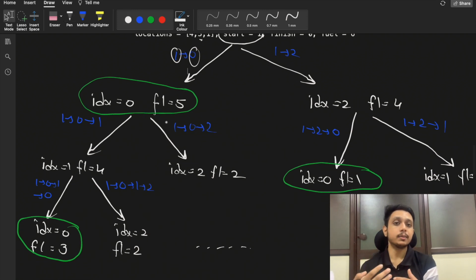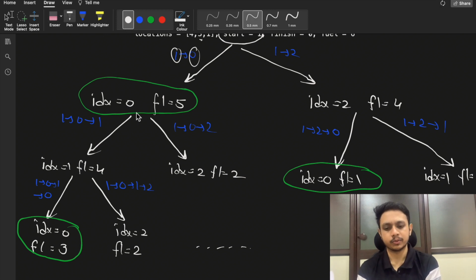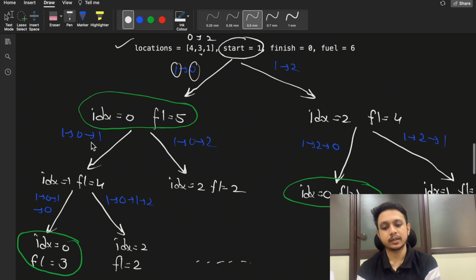Now there can be multiple routes from here also, right? So we keep on exploring. After this, from index 0, we can again try to visit index 1 as well as index 2. So there would be one part for this and one part for that.